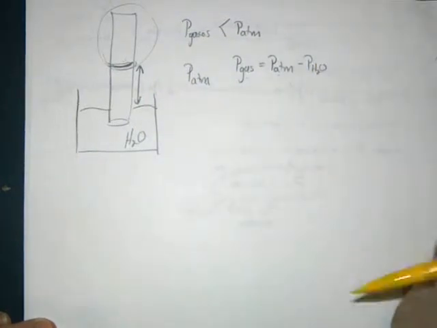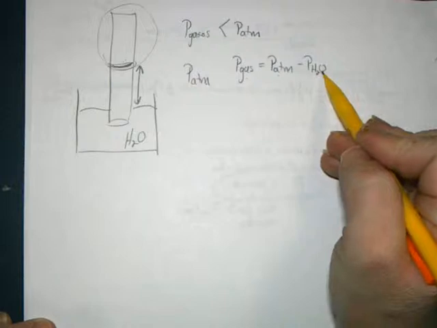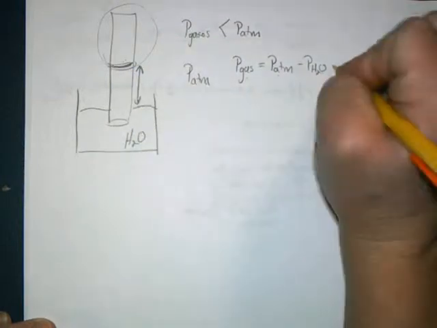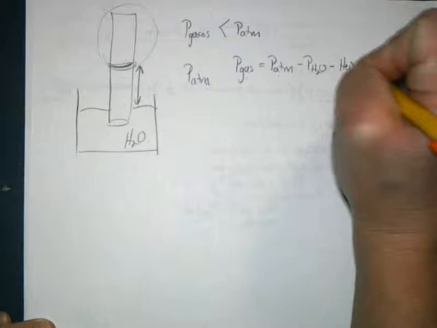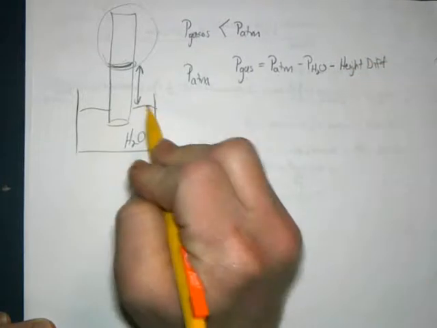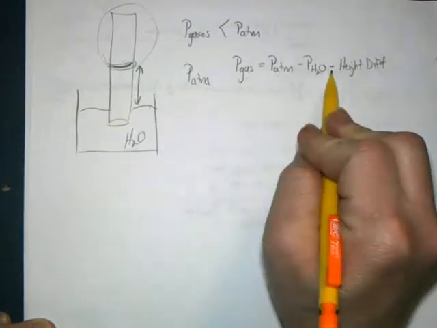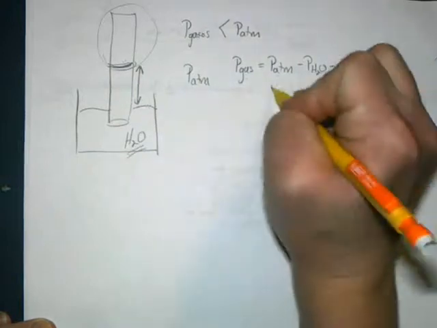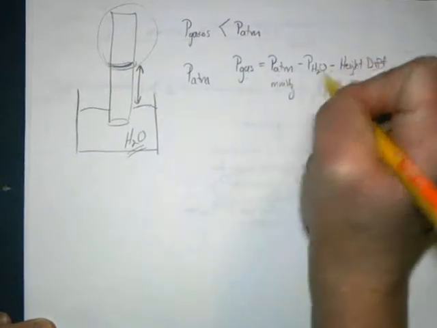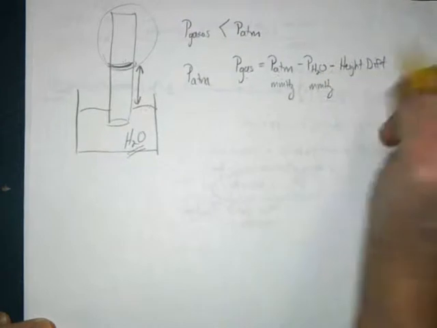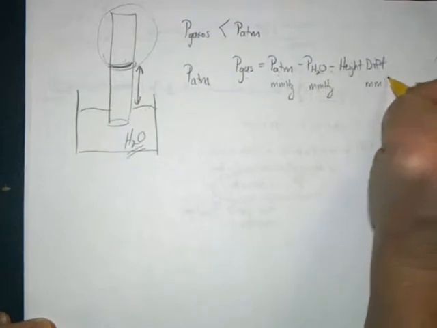We need to always subtract away that presence due to temperature. Since there is a height difference, we will subtract that height difference away, because the pressure of the gas is weaker than outside. However, we've collected over water, and this will be millimeters of mercury. This will be millimeters of mercury, and this will be millimeters of water.